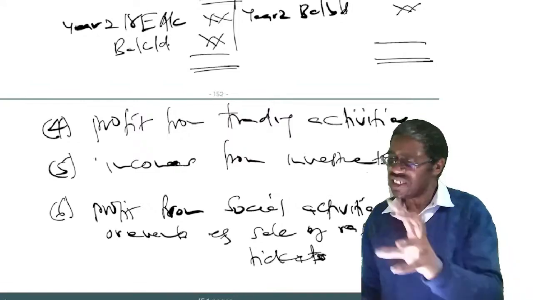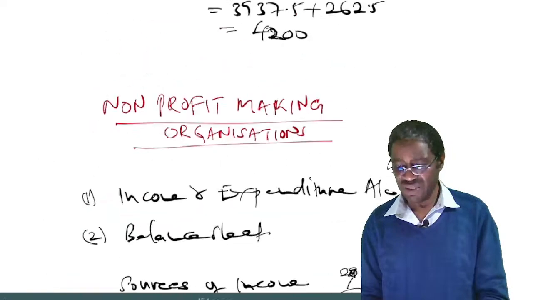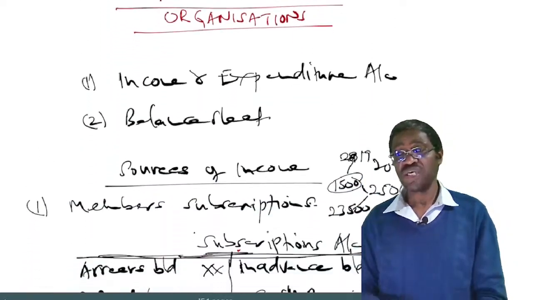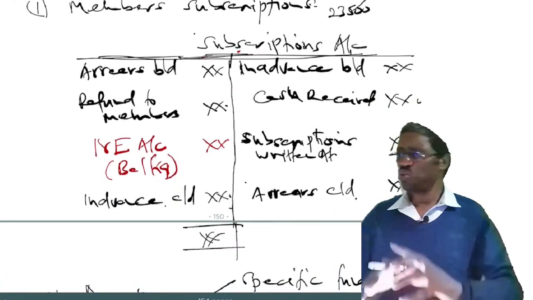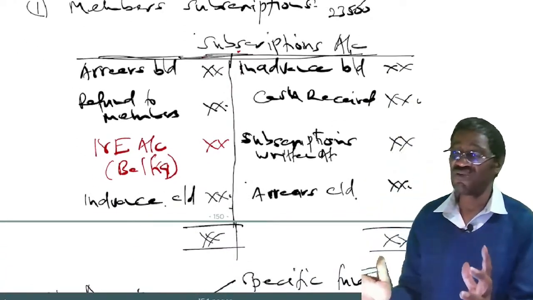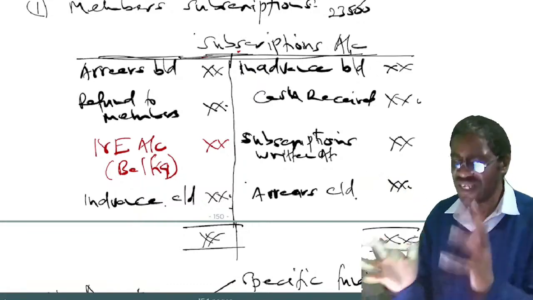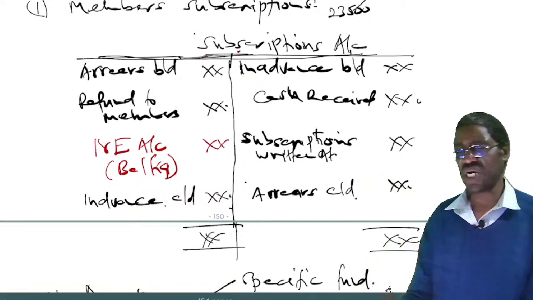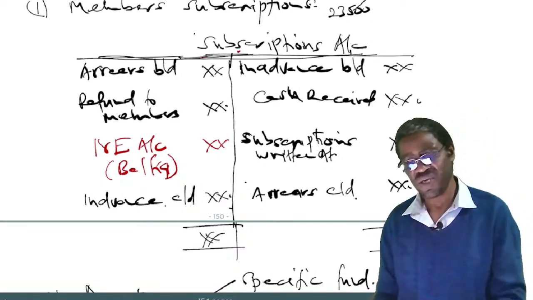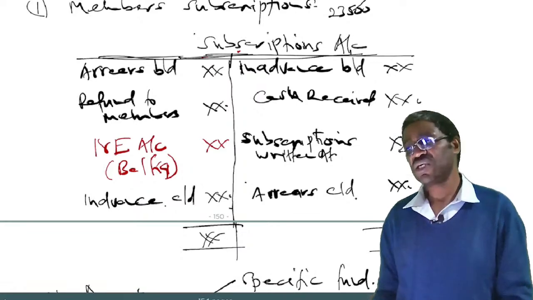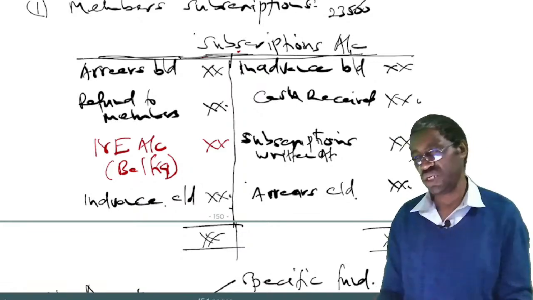I've discussed in detail how to determine the subscription income for the year, where I started by saying you will feed in all the information of subscription in the subscriptions account. Accordingly, there will be a balancing figure, which will be the subscription income for the year.